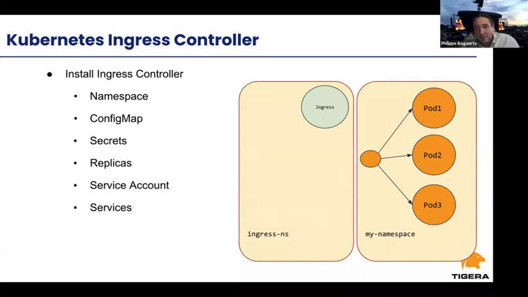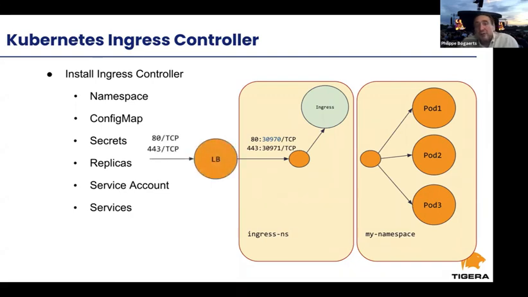So once the Ingress controller is configured, it is typically exposed through node ports, although it can be different depending on what type of Ingress controller you use. And then it's very often preceded by a load balancer. Now you would say, why would I do this?